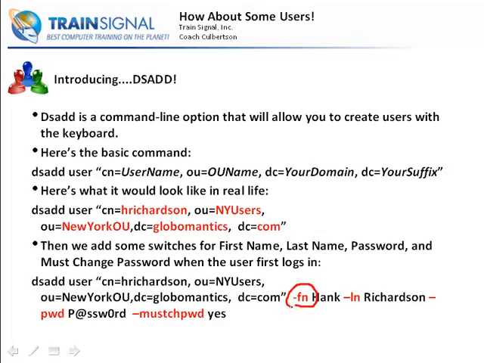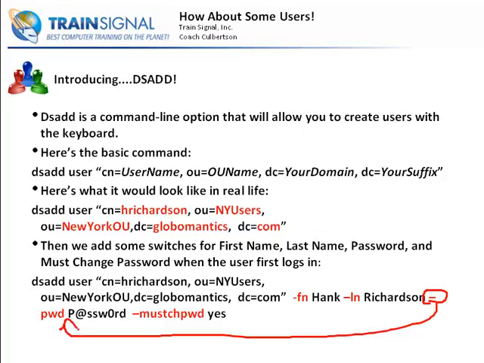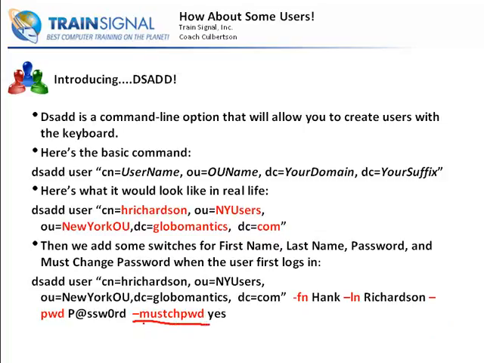They're down here in red, and they're very, very simple. -FN stands for first name. -LN stands for last name. Then we have -PWD, which is password. And then in order to force a user to change their password, we put in a little switch called -mustchpwd.